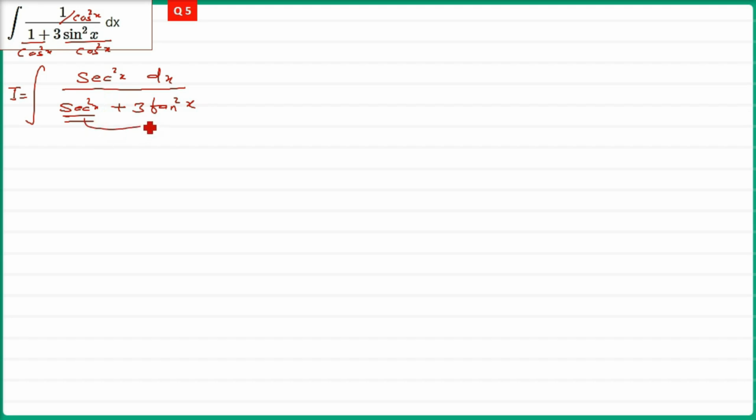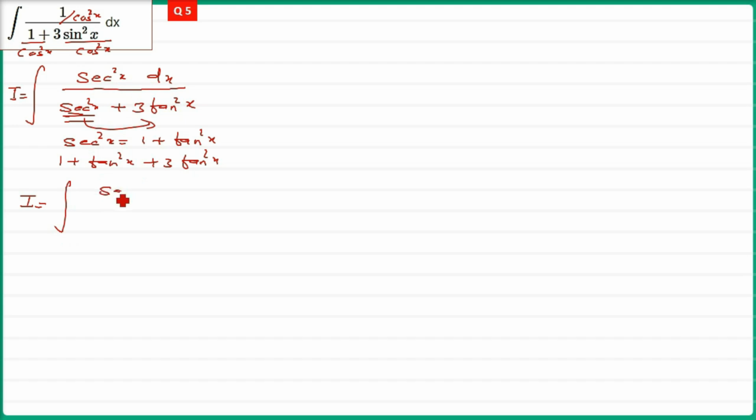But what will we do with this sec square x in the denominator? We will convert it, because there is a relationship between sec and tan, which is sec square x equals 1 plus tan square x. This is what we are going to use in the denominator. So I am showing you the denominator right now, 1 plus tan square x in place of sec square x, added with 3 tan square x. So we have an integration like this, integration of sec square x dx.